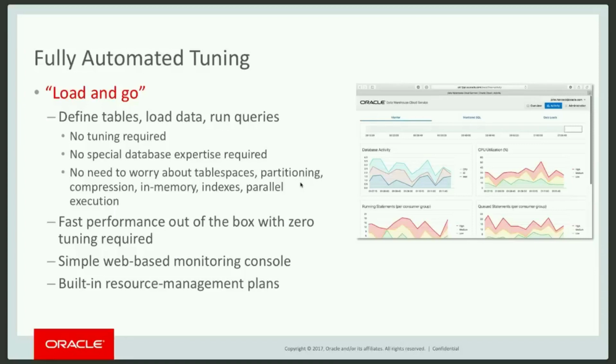Now, obviously you want to know what's going on, and we provide a very simple, very user-friendly web-based console that you can see here on the page that will help you understand what's going on in your system, how the resources are being used, and who is using them in terms of which group. So there are built-in resource management plans. Again, part of the autonomous system, we give you 3 resource groups, and you can assign users to those resource groups and then monitor how those resource groups are using the Autonomous Data Warehouse Cloud.